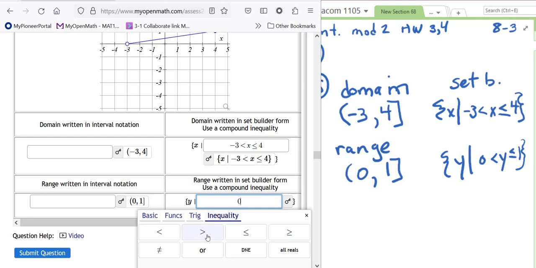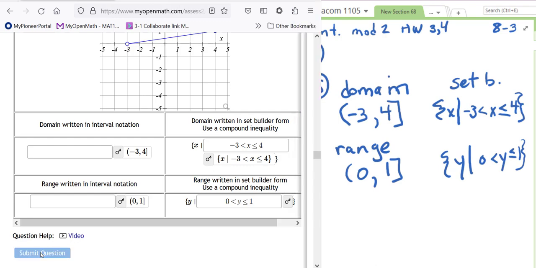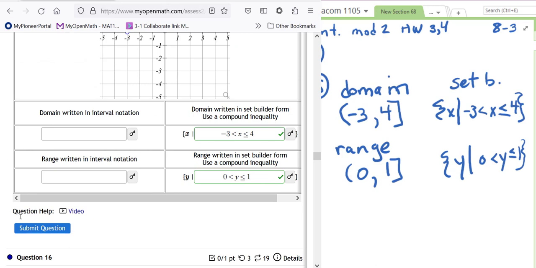So 0, we want less than y, less than or equal to 1. All right, and I am going to check it. It's going to mark me half wrong because I didn't answer those other two on the template.